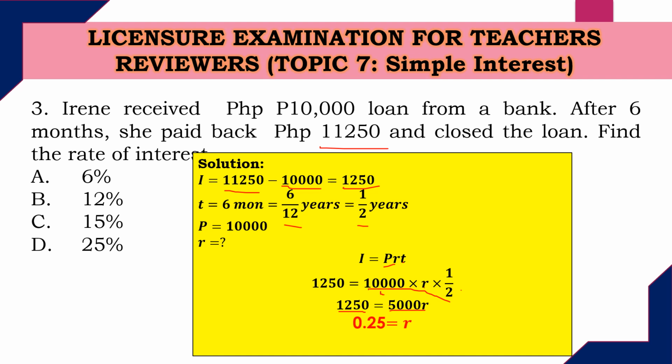So we have 1,250 divided by 5,000, that is 0.25. And 5,000R divided by 5,000 is equal to R. So, R equals 0.25 or in percentage, that is 25%. So, the answer is letter D.